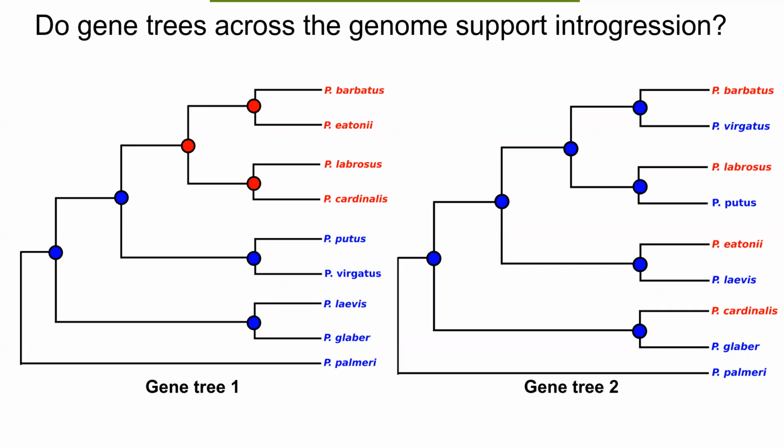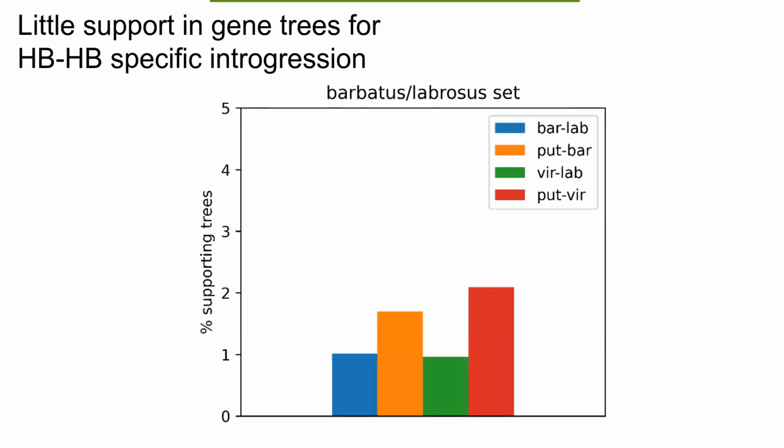You can ask whether any of those individual gene trees support putting, on the left for example, all of the hummingbird species together, or two of the hummingbird species together. On the right is the alternative, where none of them support any pairing of hummingbird pollinated species. So I did that, and this is an example, again using the barbatus labrosus comparison.